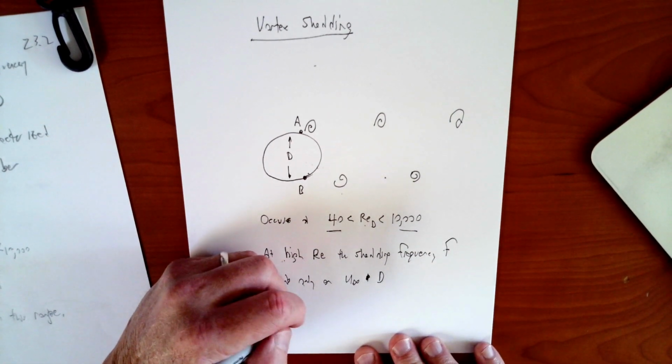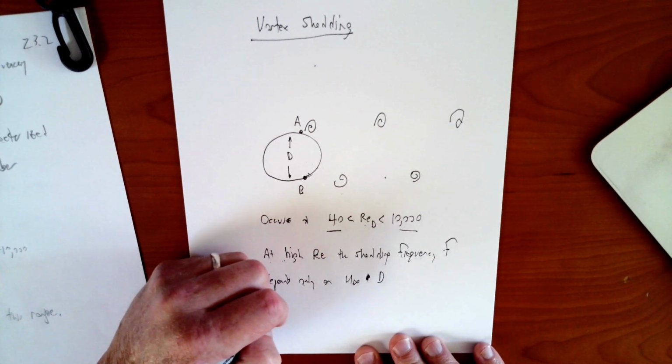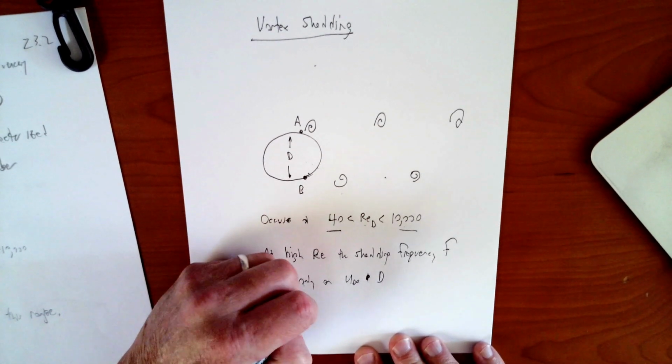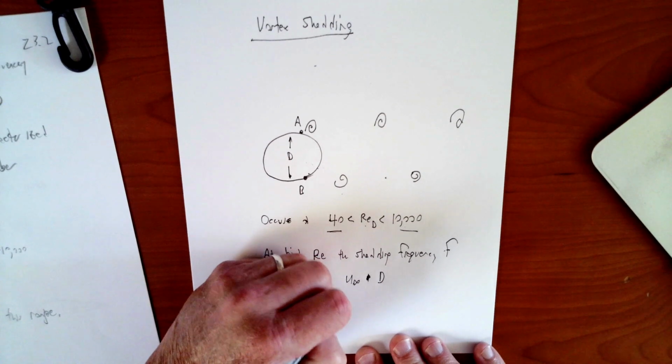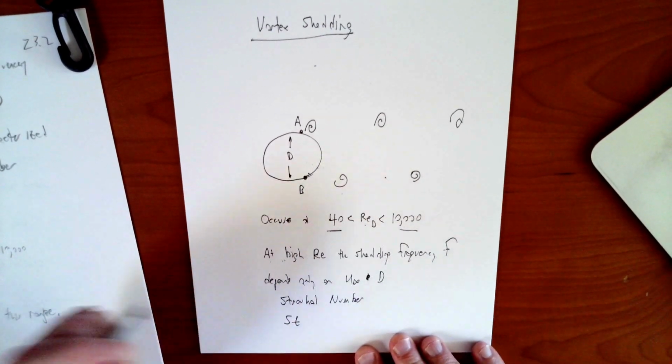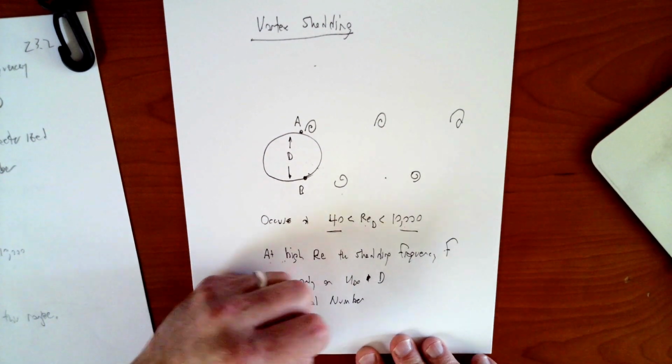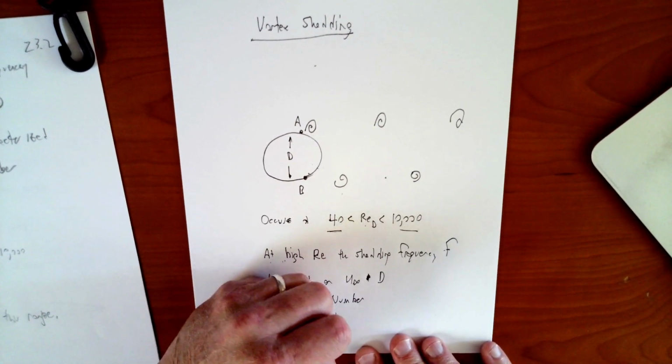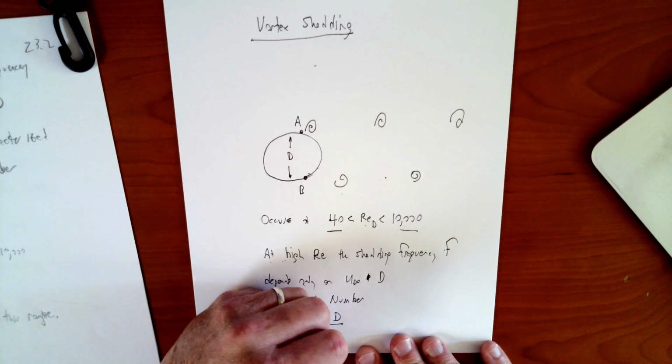And it's characterized by this Strouhal number. When people want to talk about the shedding frequency, they use the Strouhal number. It's abbreviated St, and it's defined as the frequency times the diameter divided by U infinity.